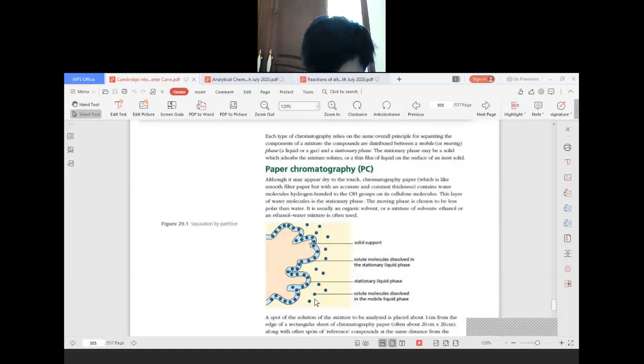The sample that we put on the starting line is called the solute. And the solvent we put in is the mobile liquid phase. So when the solvent goes in, the dissolved solute moves up.